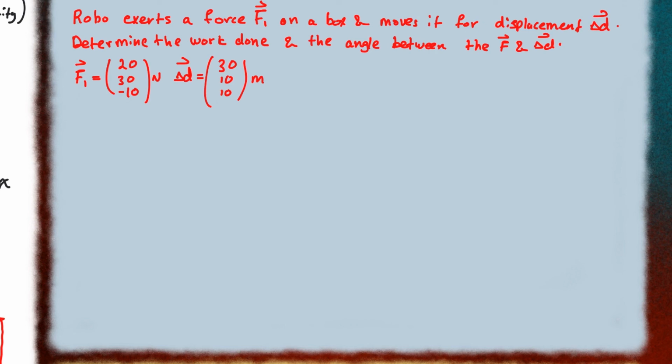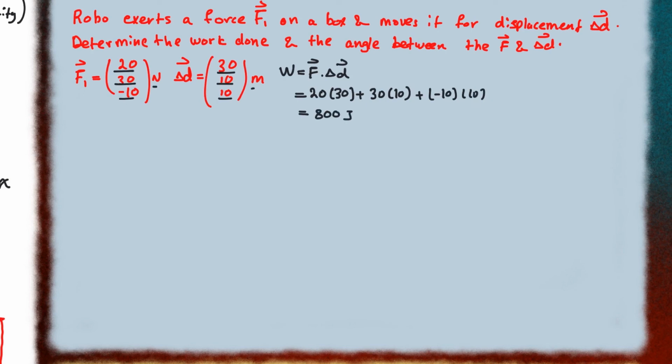Whenever we have the components of two vectors, we can find their dot product, and the dot product of force and displacement is equal to the work done. So in this case, for the work, we're going to multiply the x components of the two vectors and add them to the y components multiplied by each other, and add them to the z components multiplied by each other, giving us the work value of 800 joules.